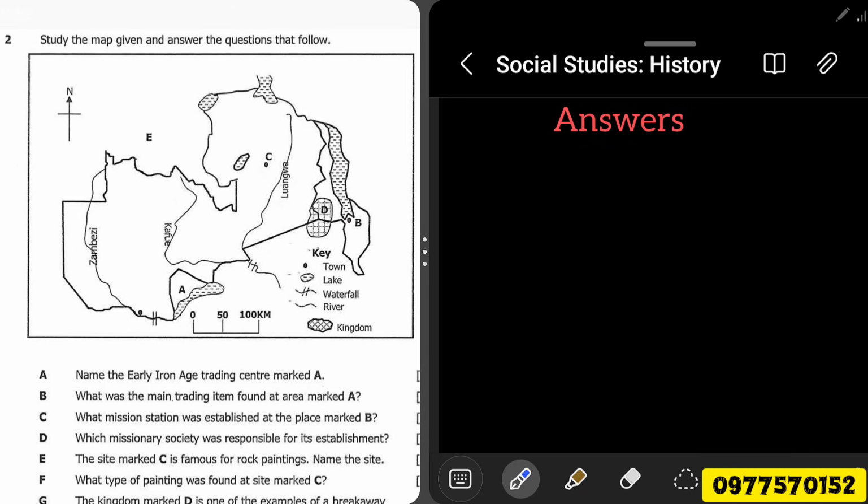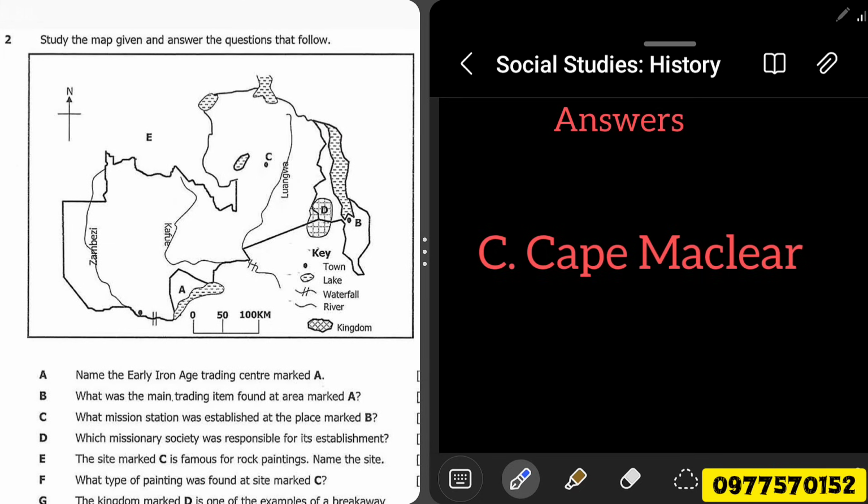What mission station was established at the place marked B? At B there was Cape Maclear. That was the mission station, Cape Maclear, and Cape Maclear was in Malawi.